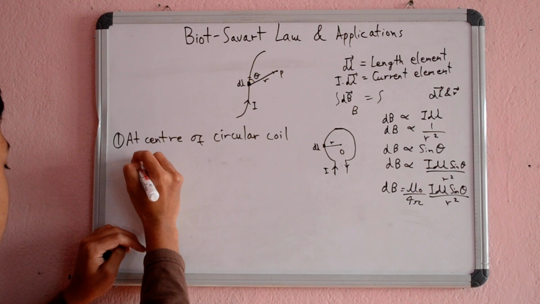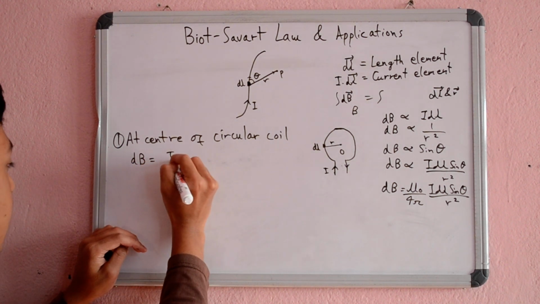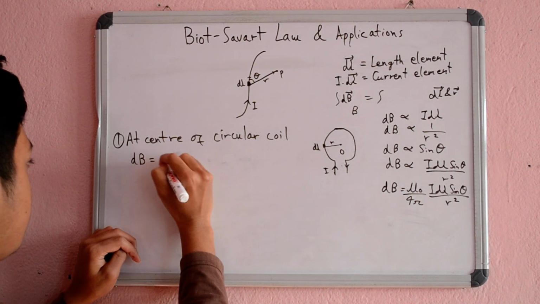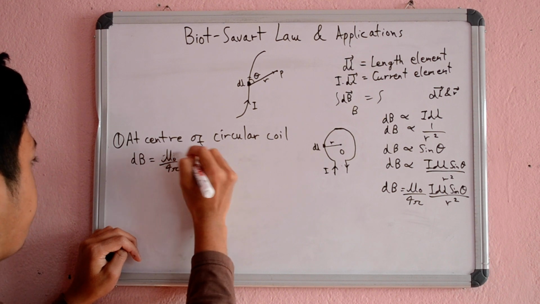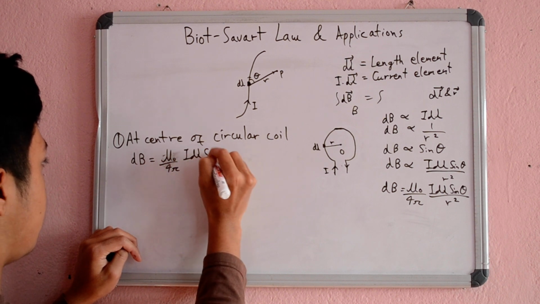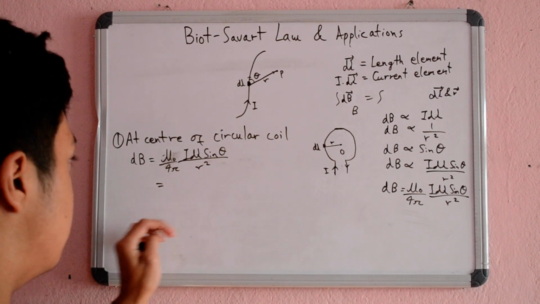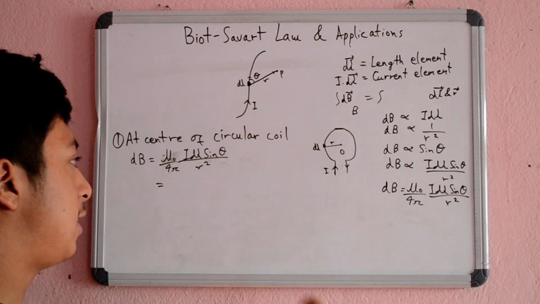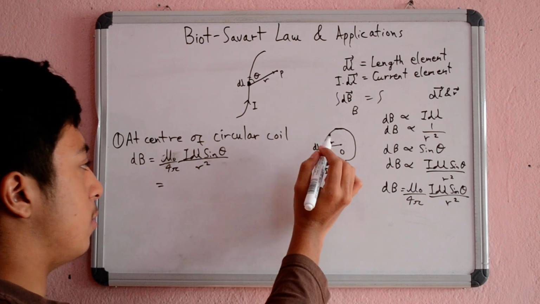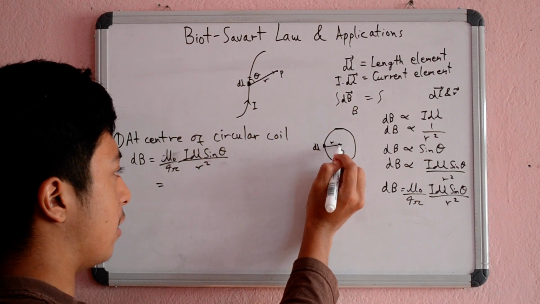Now, according to Biot-Savart law, we have dB equals mu naught by 4 pi, I dl sine theta by r square. Now, what is sine theta? Well, it is the angle between the current element and the radius.